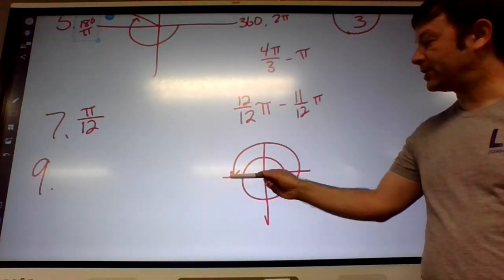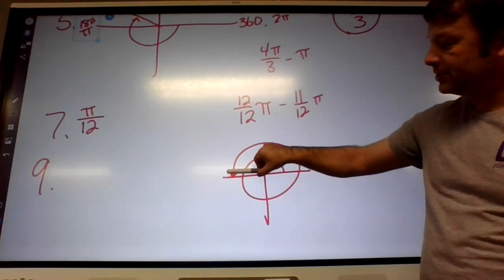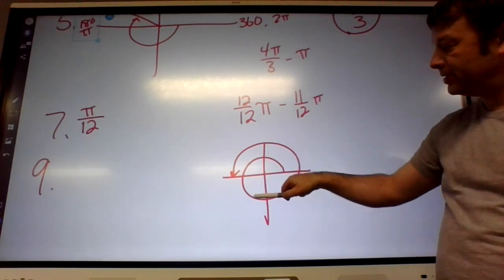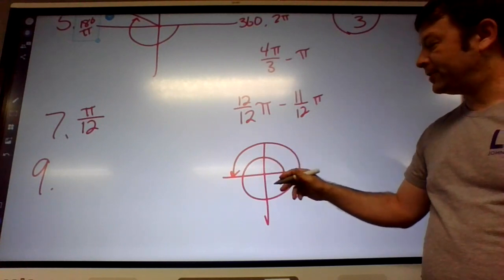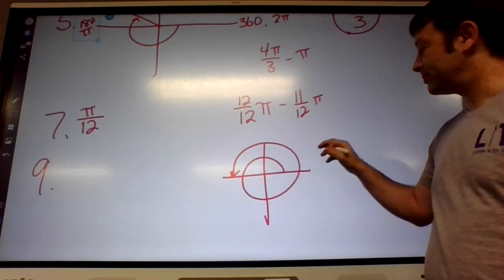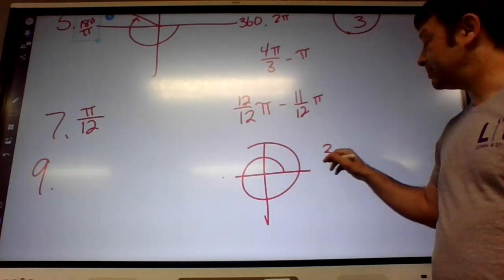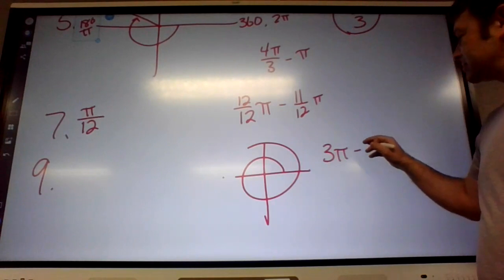If it made it all the way around, how many radians is it just from here to here? 1 pi, 2 pi, 3 pi. But if you look at the picture, they didn't quite make it to 3 pi. They're a little bit short. So you do 3 pi minus pi over 6.